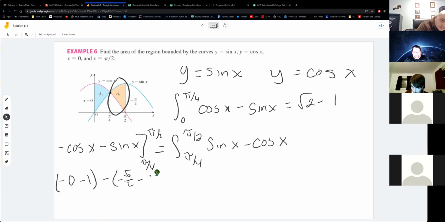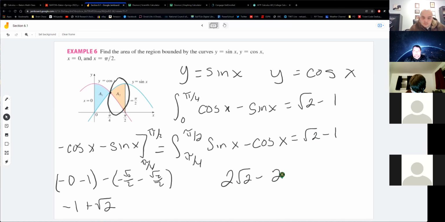Minus square root of 2 over 2. So we get negative 1 plus square root of 2. So square root of 2 minus 1. So when we add those together, we get 2 square root of 2 minus 2 is my area of both curves.